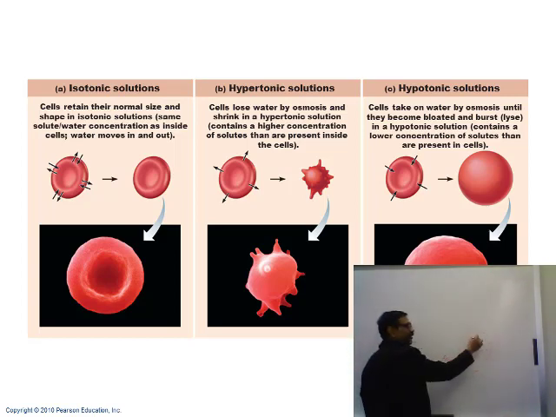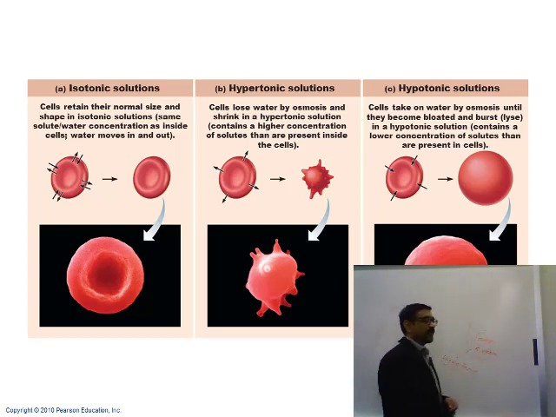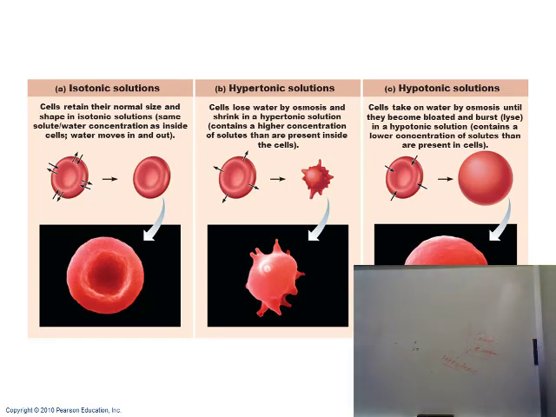That means what? If the concentration, just for example, inside the cell is 10 milliosmol, this concentration is less than that. That's why it is called hypotonic compared to the cell. Make sense? So, for example, this one has 5 milliosmol. So inside the cell is 10, concentration is high, right? So this solution is hypotonic solution.